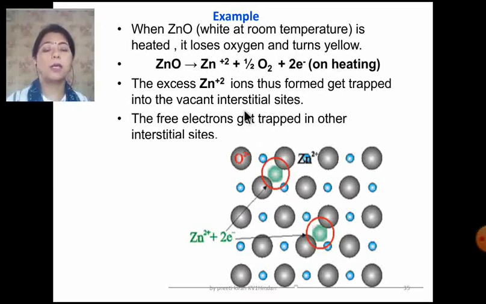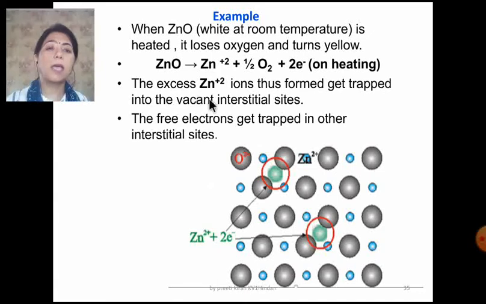Why does it happen? Let's study from this equation. Actually, zinc oxide is white in color. We started heating it. On heating, what happens? Oxygen is lost. And these are the zinc ions and the electrons lost by the zinc.